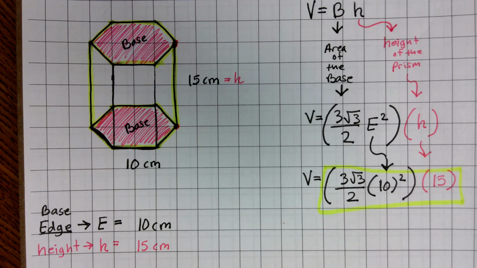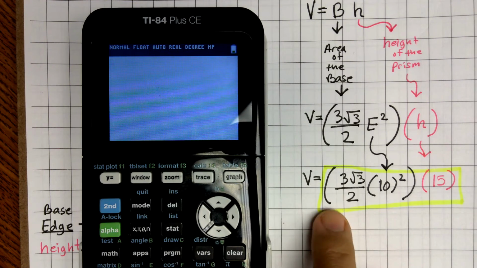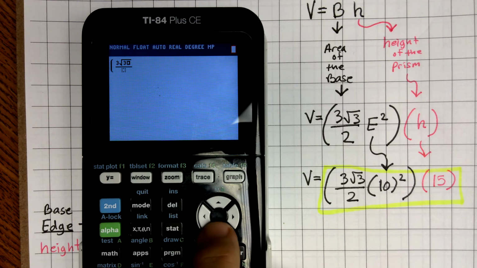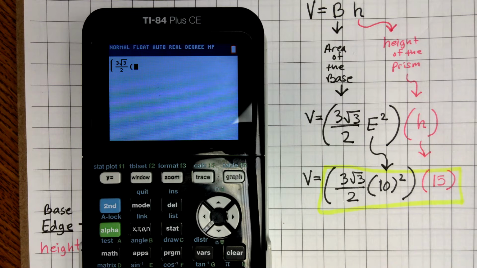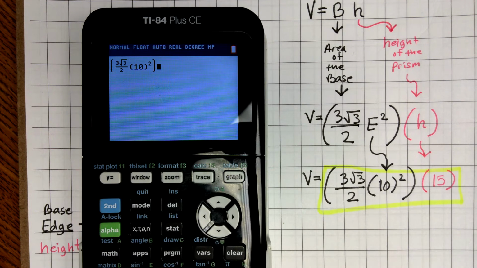So I'm going to get my calculator real quick, put it over here, and I'm going to start out by putting a parenthesis first, and then I'm going to hit alpha y equals enter to get my fraction bar, and I'm going to put 3, second x squared to get my square root symbol. So 3 times square root of 3, click down to the denominator, and then put a 2, click to the right to get out of the denominator, and then parenthesis, 10, close parenthesis, squared, and then I'm going to close parenthesis on it.